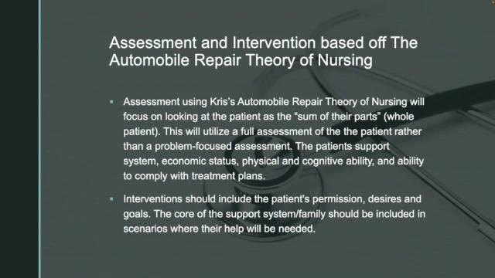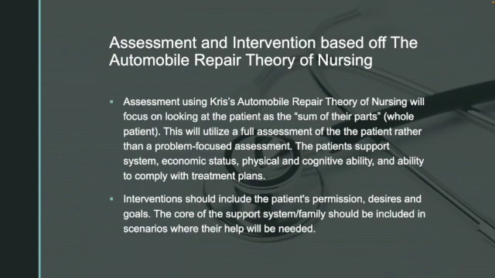Assessment and intervention based off the automobile theory of nursing. So assessment using Kris's automobile theory of nursing will focus on looking at the patient as the sum of their parts, the whole patient. This will utilize full assessment of the patient rather than the problem-focused assessment. The patient's support system, economic status, physical and cognitive ability, and ability to comply with treatment plans.